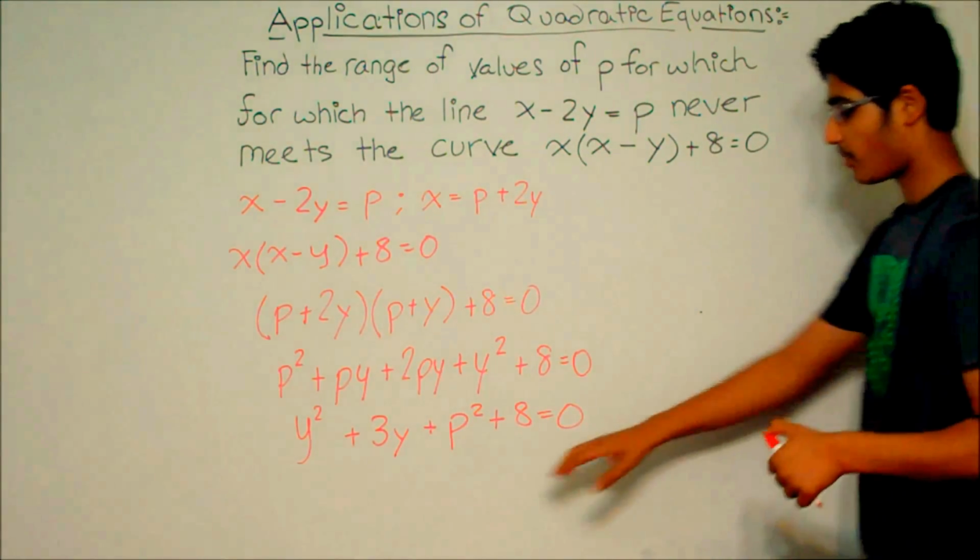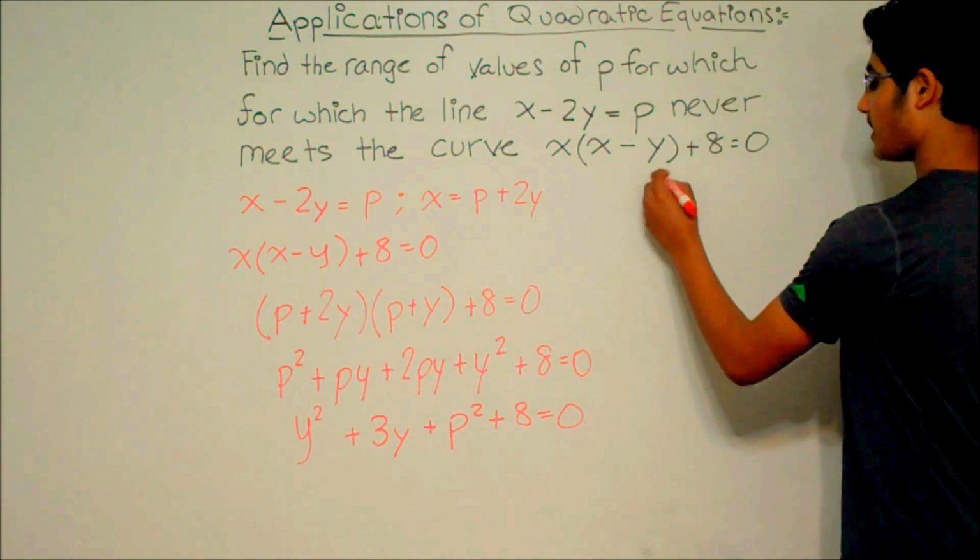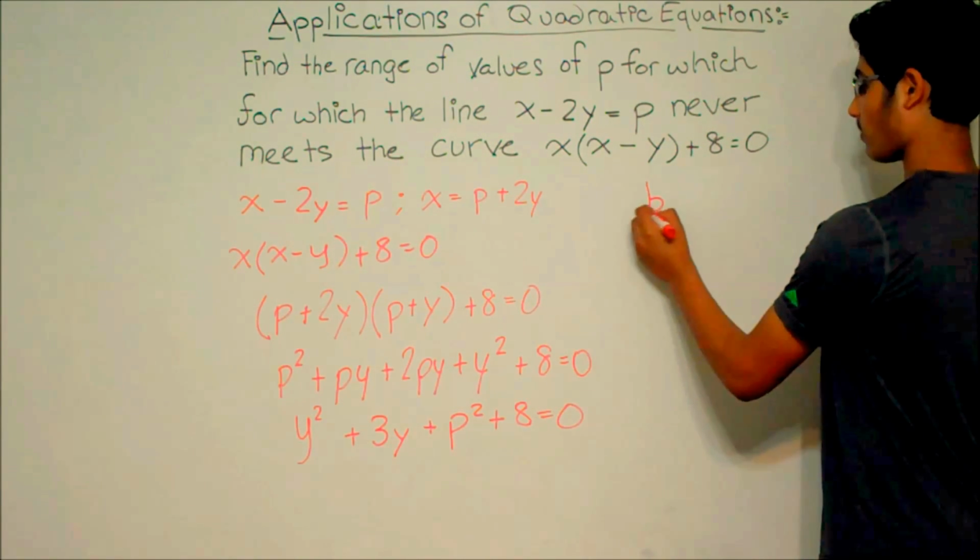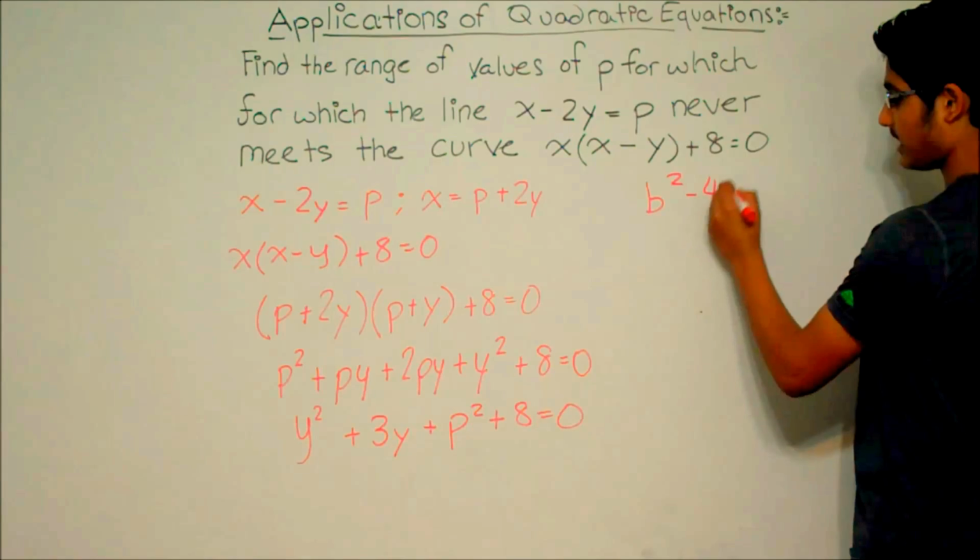So let's find the discriminant of this. The discriminant is b squared minus 4ac.